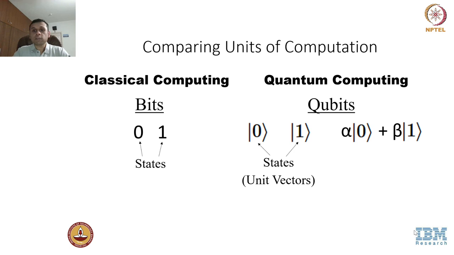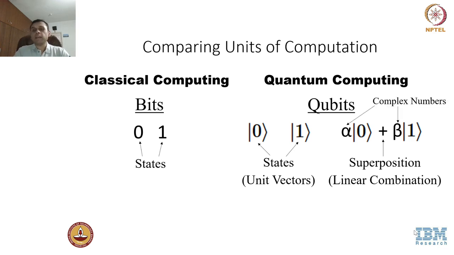It can be a linear combination of a 0 state and a 1 state, as you see at the right. The coefficients in this qubit, alpha|0> + beta|1>, that is alpha and beta, are complex numbers. This is called a superposition state. That is, a qubit can be in a superposition of two basis states, |0> and |1>. Again, we will delve into these concepts in detail in subsequent slides.